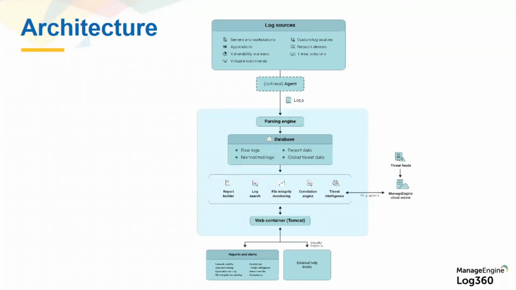So we charge based on the information that you would like to track through the product. It's not based on all the log sources that you have. Whatever you would like to track is what we charge for, so it has to be discussed in detail.